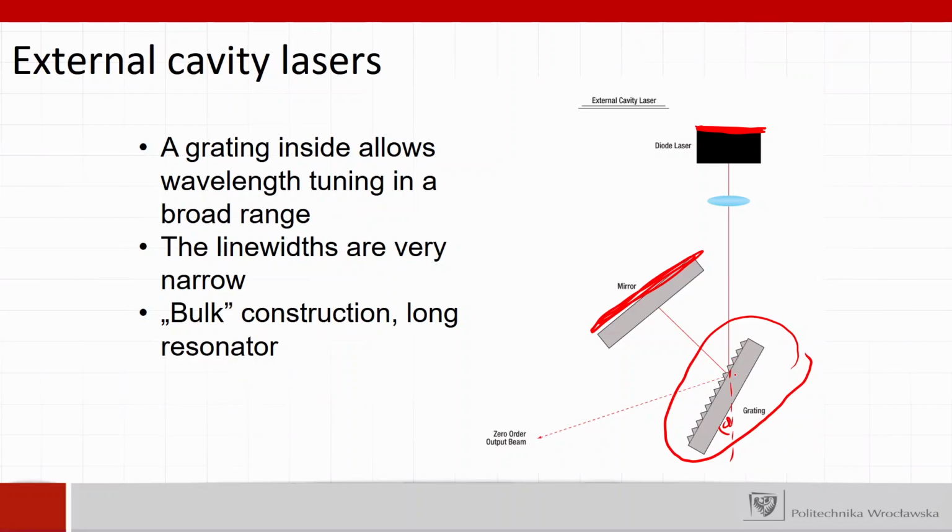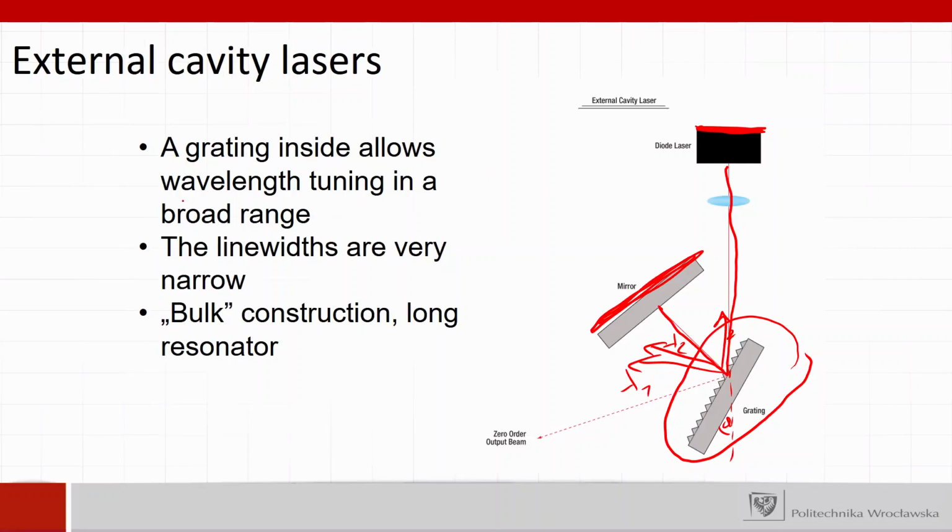then all the wavelengths that could be generated in this laser will be reflected at very different angles, and only one wavelength will be reflected in a way that it is directed back to the structure. By that, we can select the wavelength, and if we rotate the grating, we can tune the wavelength of our laser.